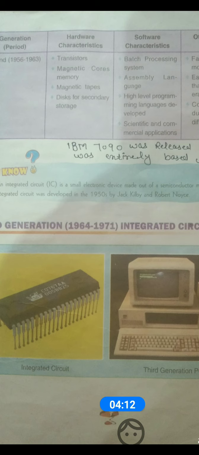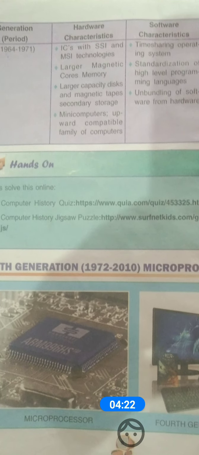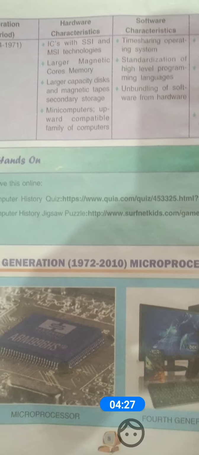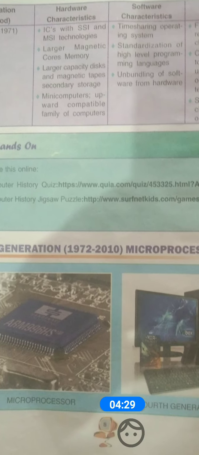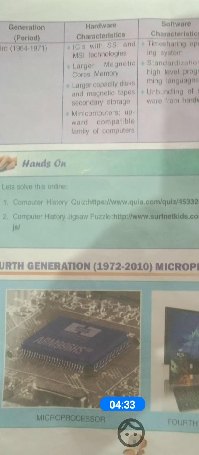In place of transistors, integrated circuit (IC) chips were now used. So what are the hardware characteristics, software characteristics and other features of this generation?